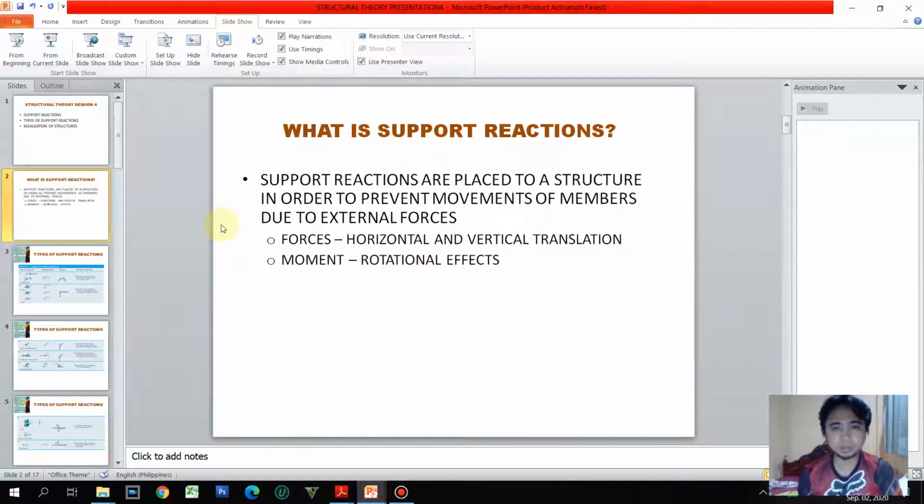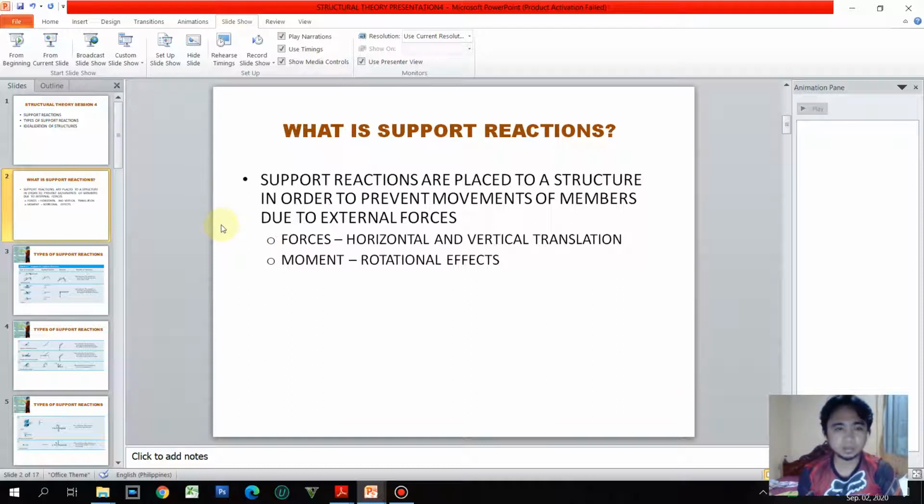Support reactions are provided to a structure in order to prevent movements of members due to external forces. So if we have a structural system and we want movement restrictions, whether we want to restrict horizontal movement, vertical movement, or even a rotation, we will use an appropriate support reaction for that structure.